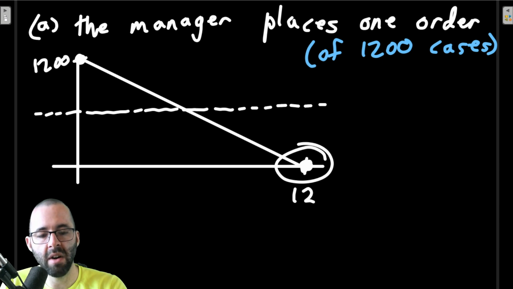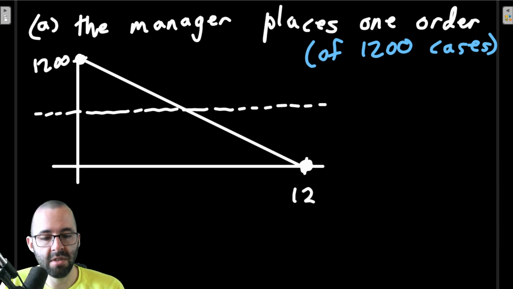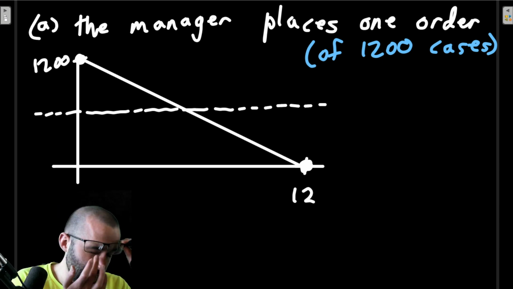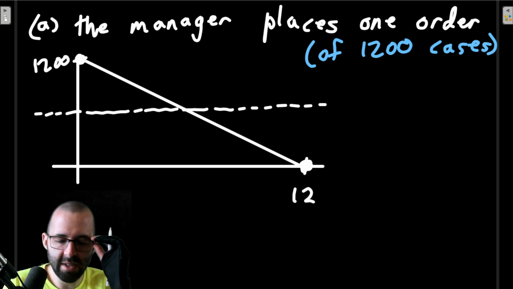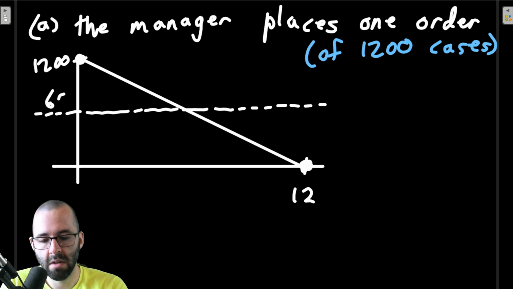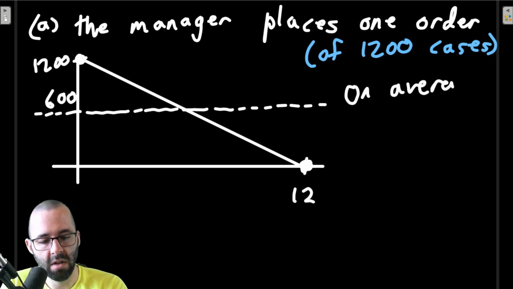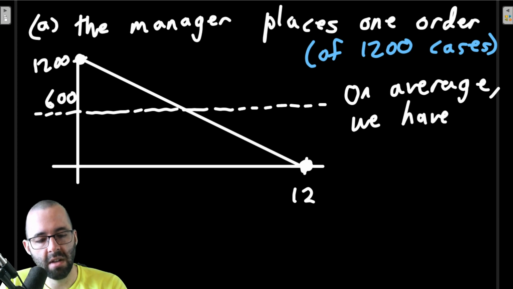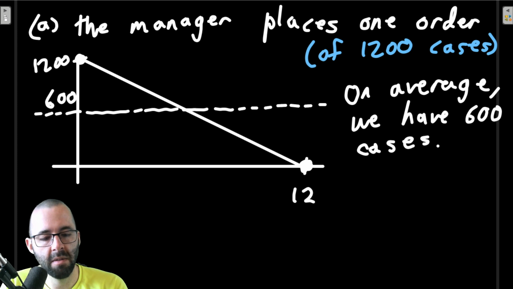At the end, we have 0. So the average number of cases of orange juice that we're going to have in inventory is going to be 600. So on average, we'll have 600 cases throughout the year.